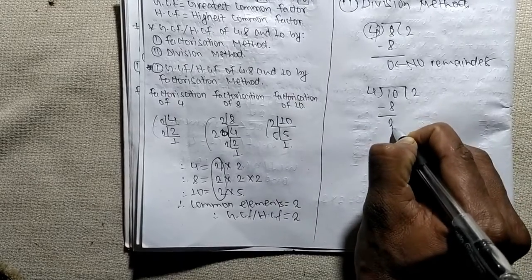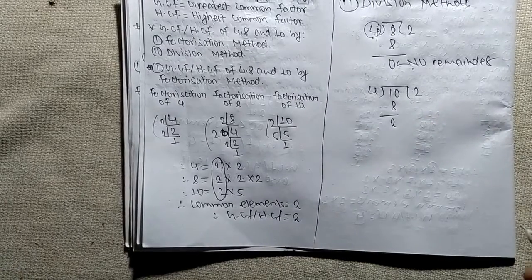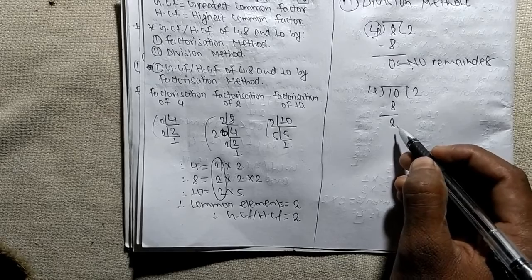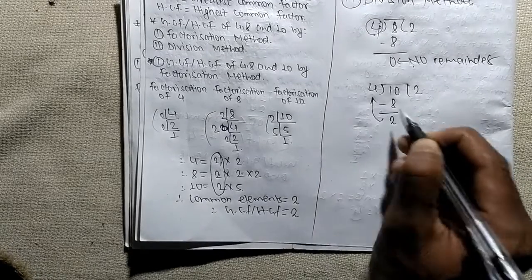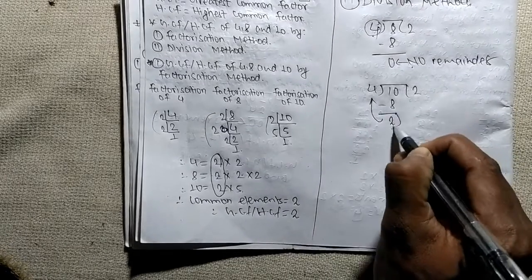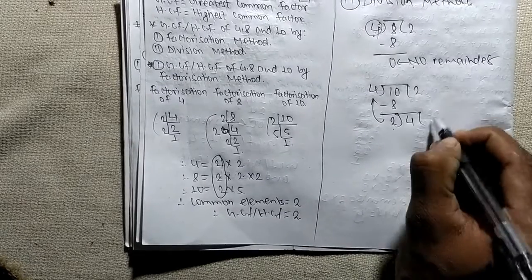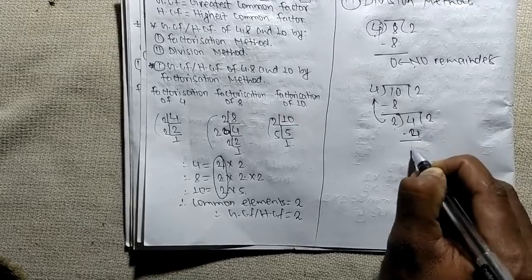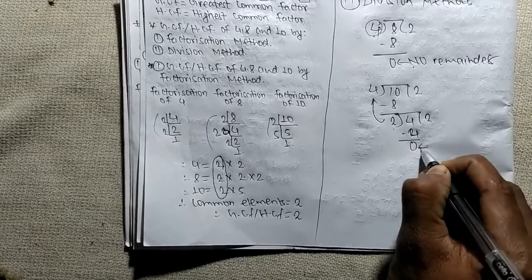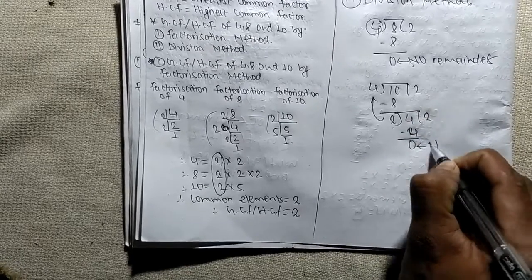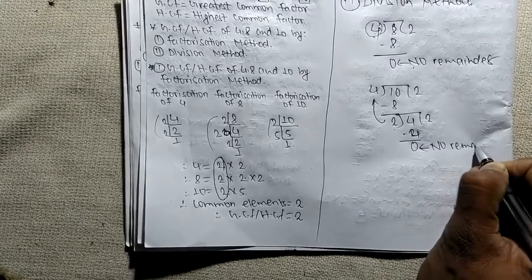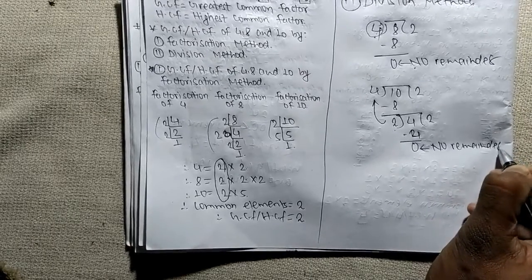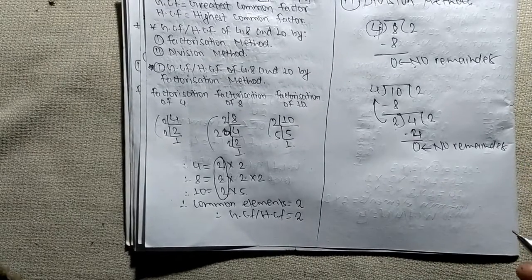So 4 into 10: it is 4 times 2 means 8, so here the remainder is 2. We have to again divide the divisor by the remainder 2. So 2 divides 4: it is 2 times 2 means 4, so the divisor 2 takes no remainder at last.